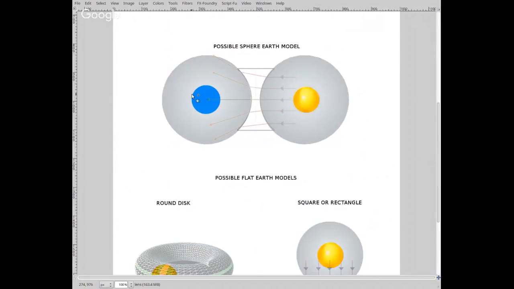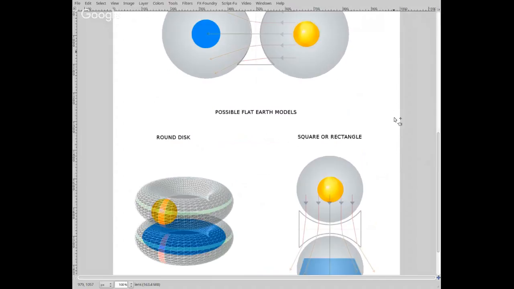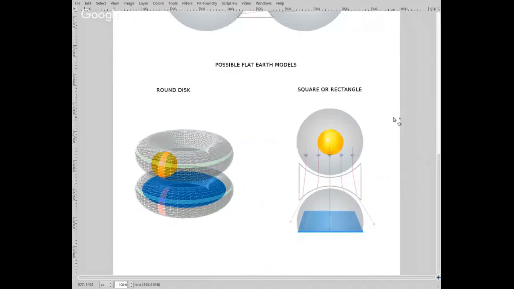Sun comes from here, goes to here. If we had two ball items, bodies for the sun and the earth, it works there. So, which I said is both helio and geocentric models, or both flat earth models. Not to say that some have a diamond-shaped earth or whatever it is.